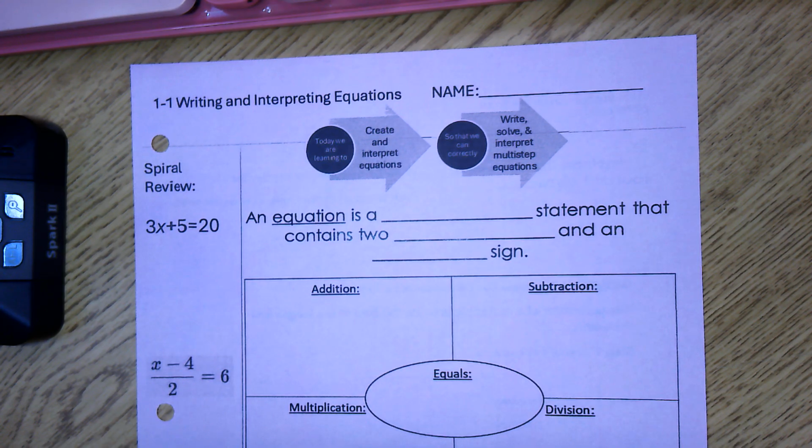Algebra, you are sharing this textbook with my other two algebra classes, so grab the textbook that goes with your desk number right now. So, yesterday's notes, pencil, sheet of paper, textbook.